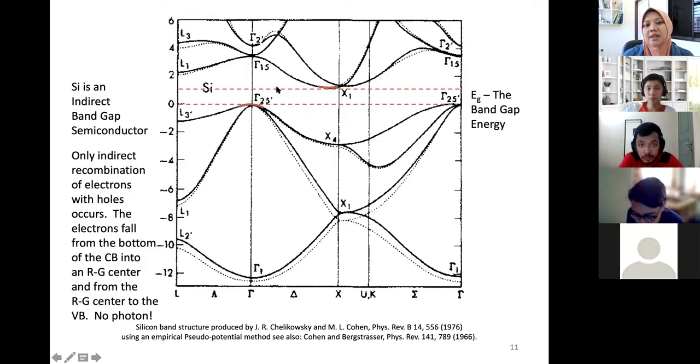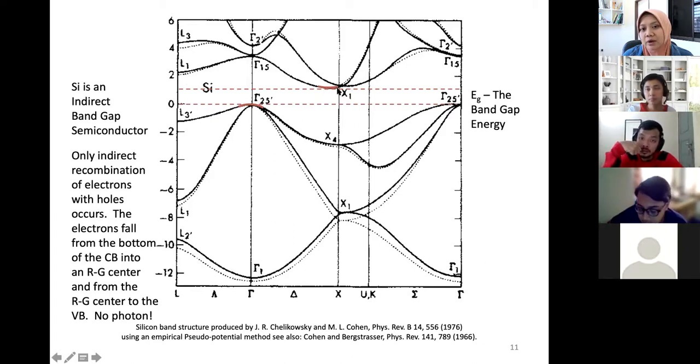So interestingly, kenapa dia macam complicated kan, macam ni macam kita tengok. So the band gap is always the minimum of the conduction band. So you can see here, ni semua conduction band ni. This is all conduction band. But what is the band gap? Is the minimum. So that's why definition is very important.